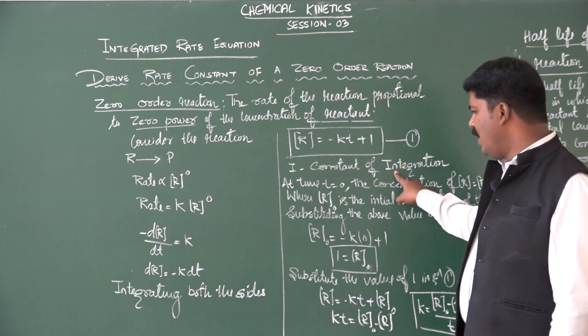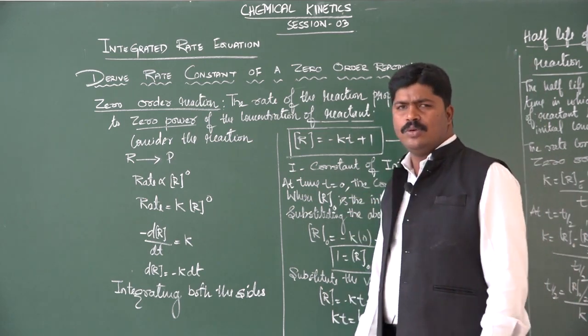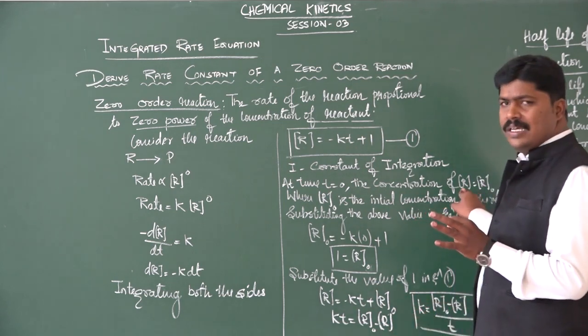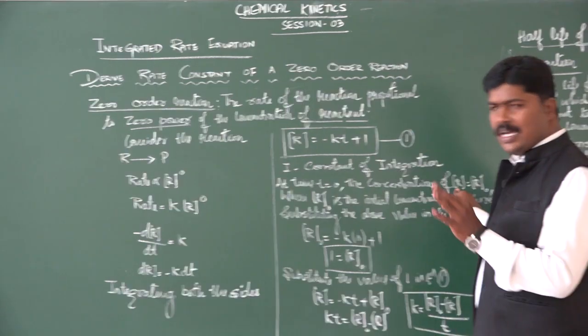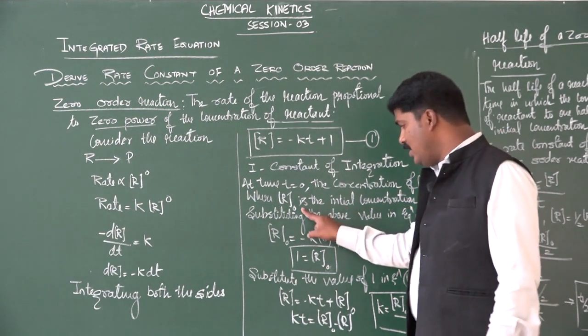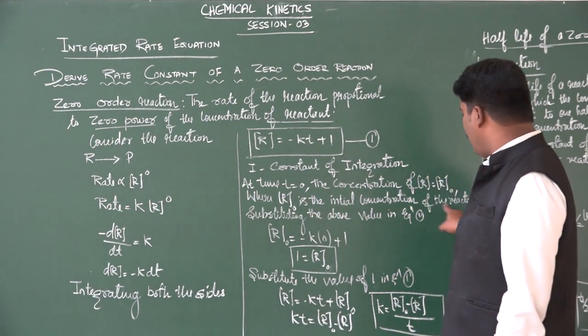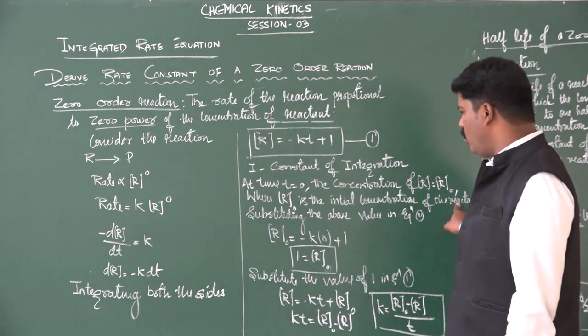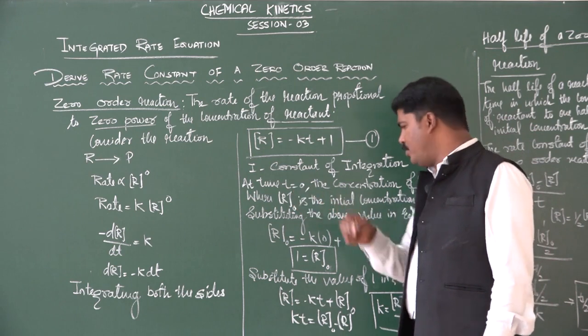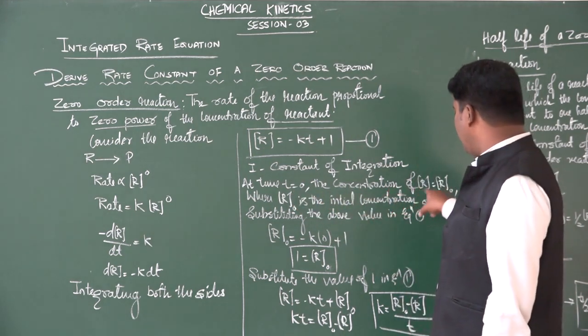Moving further, at time t equal to 0, the molar concentration of the reactant R is R naught, where R naught is the initial concentration of the reactant. Remember, at time t equal to 0 the reaction has not yet started, and the concentration of R is R naught.